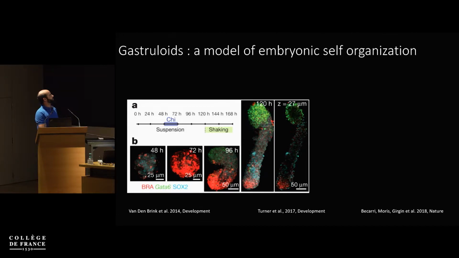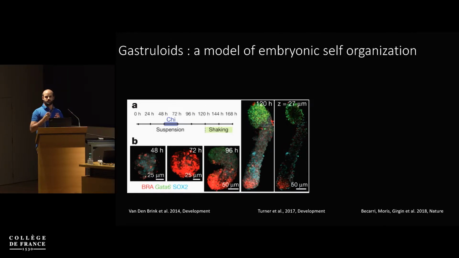So the idea is that you cultivate this aggregate of cells on which you put a Chiron molecule, which is a Wnt activator. It represses the Wnt inhibitor GSK3 beta in the media.